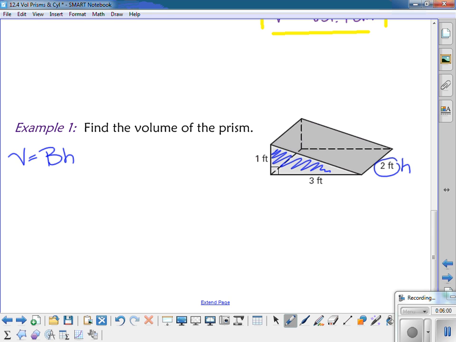All right, so for the area of the base, it's going to be 1/2 the base of the triangle times the height of the triangle, which comes out to 1.5. And so the volume is just the area of the base, 1.5, times the height of 2, and so it would be 3 cubic feet.